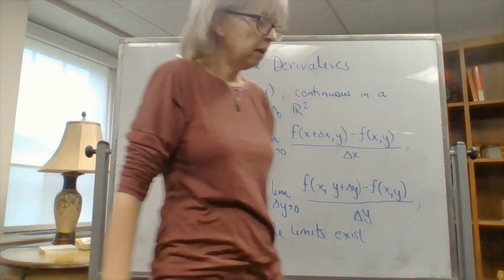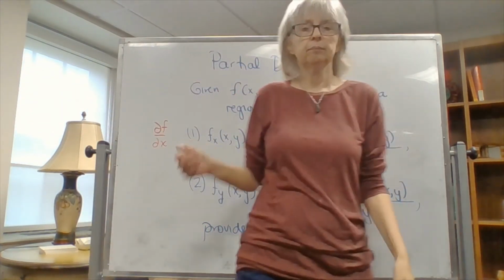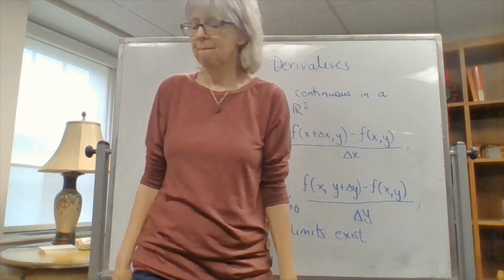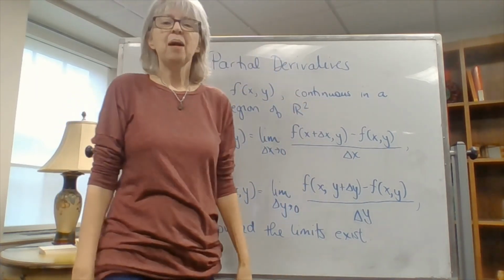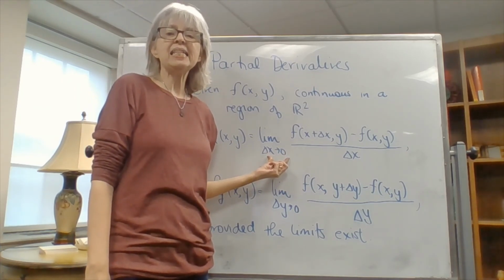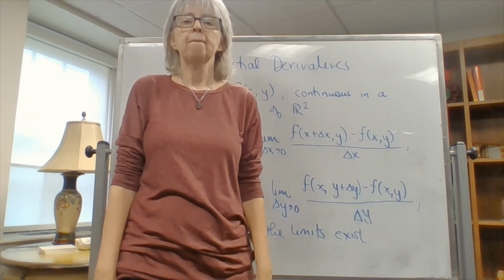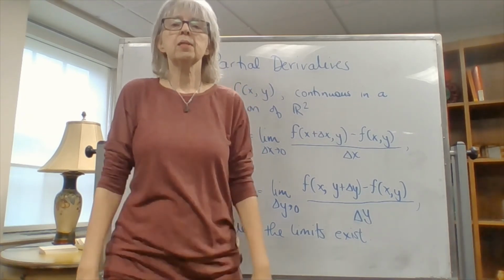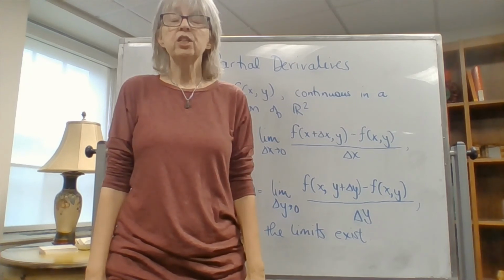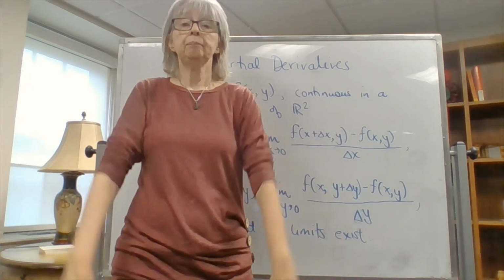So I'm standing on the surface of a function and I take a tiny step in the x direction. So I'm standing at a surface, little hop in just the x direction. That means I did not change y.